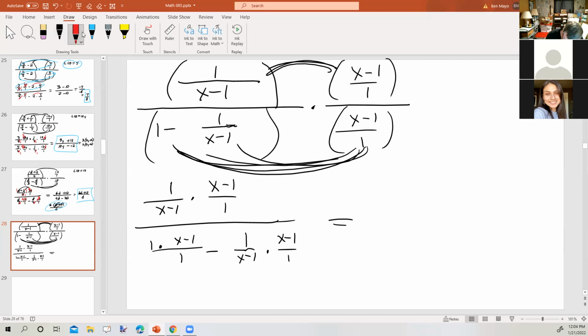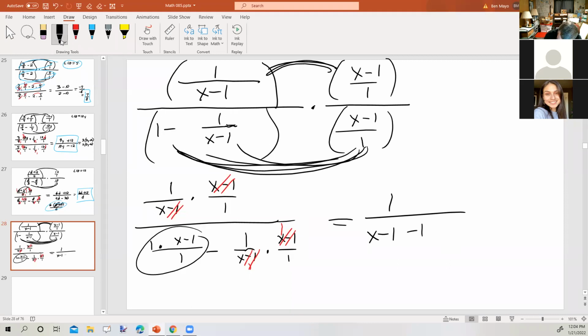So simplifying in the numerator, the x minus 1 is reduced down, and I have 1. In the denominator, 1 times x minus 1 over 1 is x minus 1. And then here, those reduce down. So I've got minus 1. So I end up with 1 over x minus 2. So there's my final answer. Any questions there?